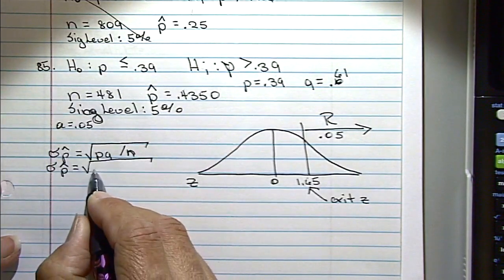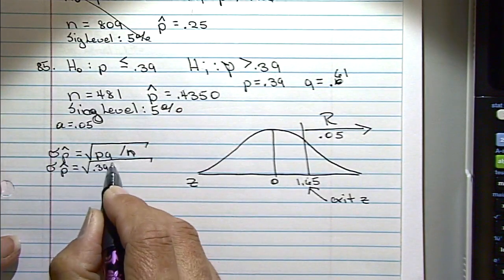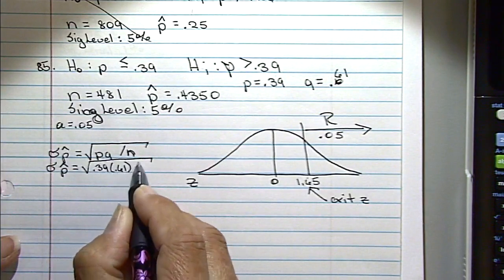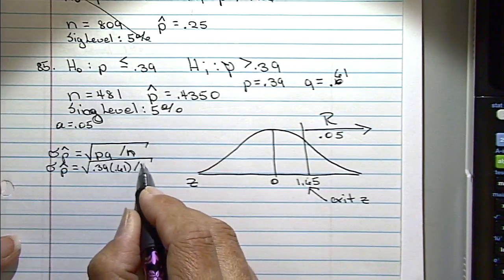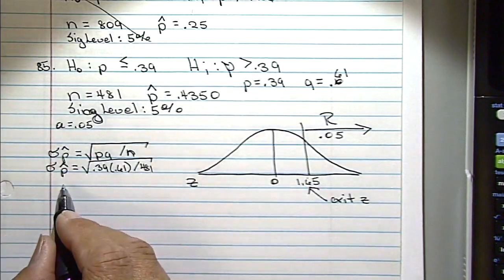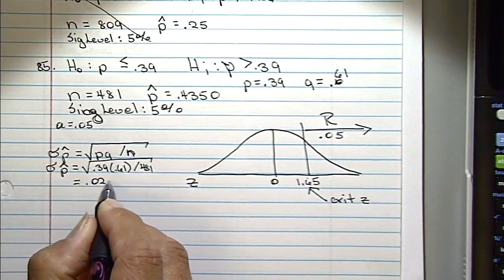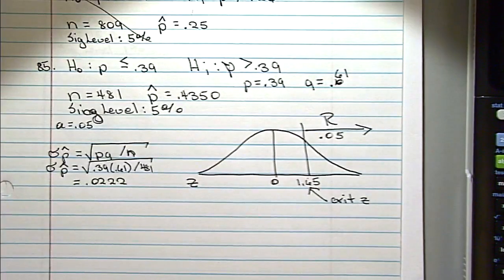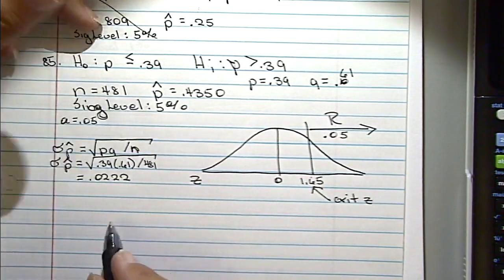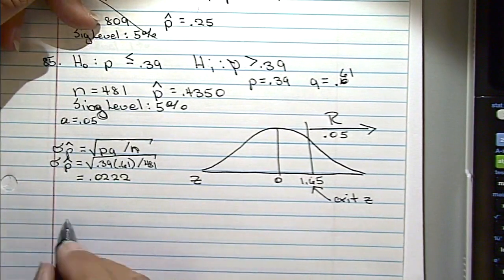Square root of 0.39 times 0.61 divided by, well, how big was the sample size? 481, and I think I already did this one. It came out to be 0.0222. Okay, I'm ready for where does my test statistic fall?